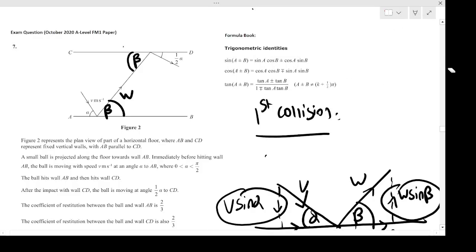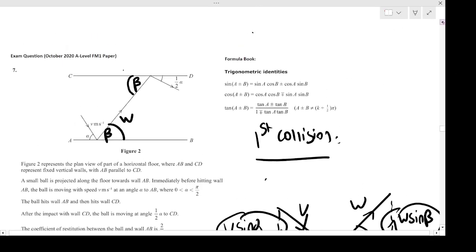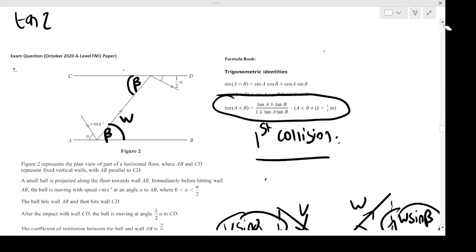Now I'm not given what tan of 2 theta is going to be. I'm not given the double angle formula, but I can work it out using this formula given to me in the formula book. So tan of 2 theta, okay, which is tan of theta add theta. So we're going to set both A and B to be theta in the equation.